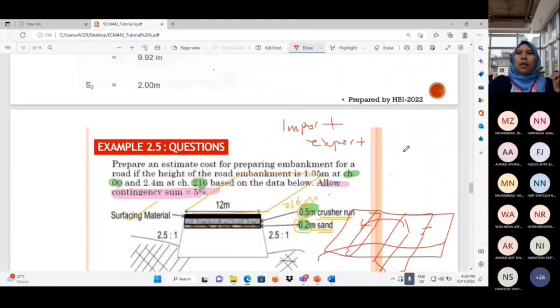So if let's say tak cukup untuk you dekat tanah yang diperlukan dekat tapak tu, maksudnya you need to purchase dan bawa masuk tanah. So the term used is imported soil, from outside to inside the construction site, import lah tanah.